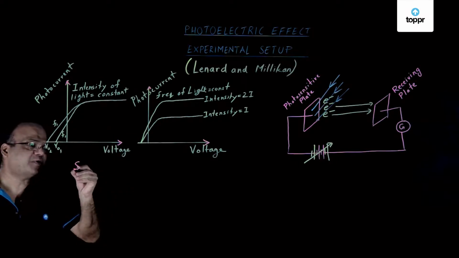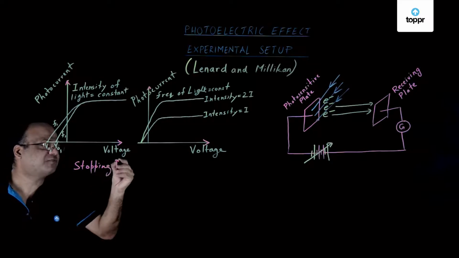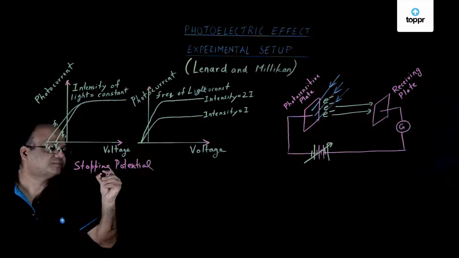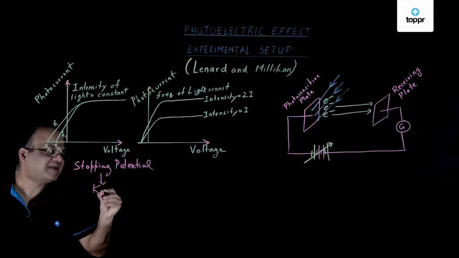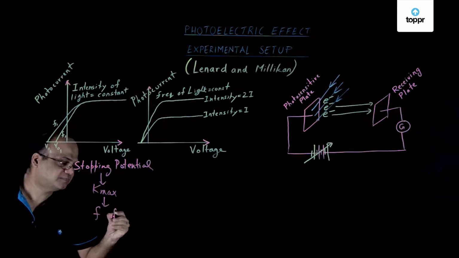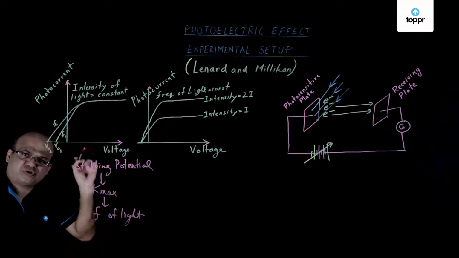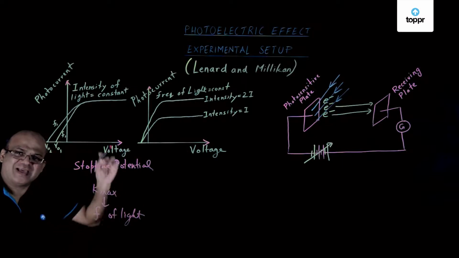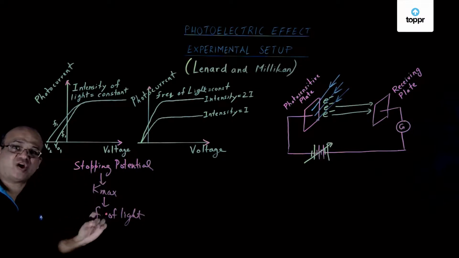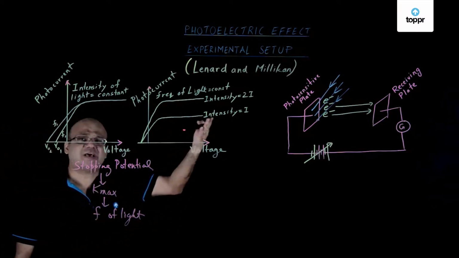So stopping potential, which is a measure of K max of photoelectrons, depends on the frequency of light. Very important.